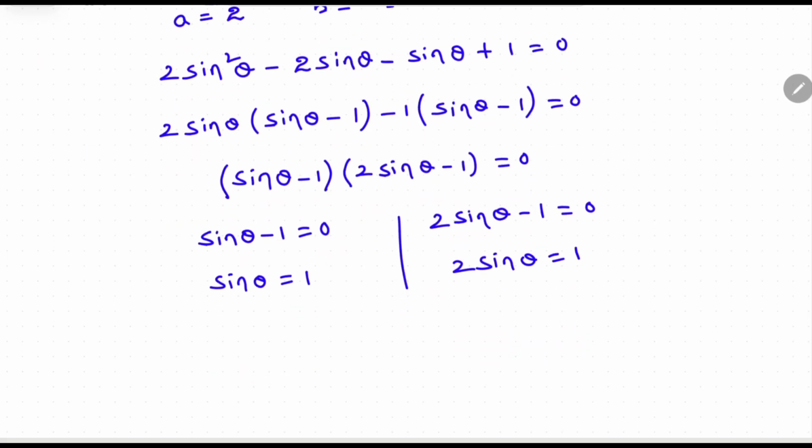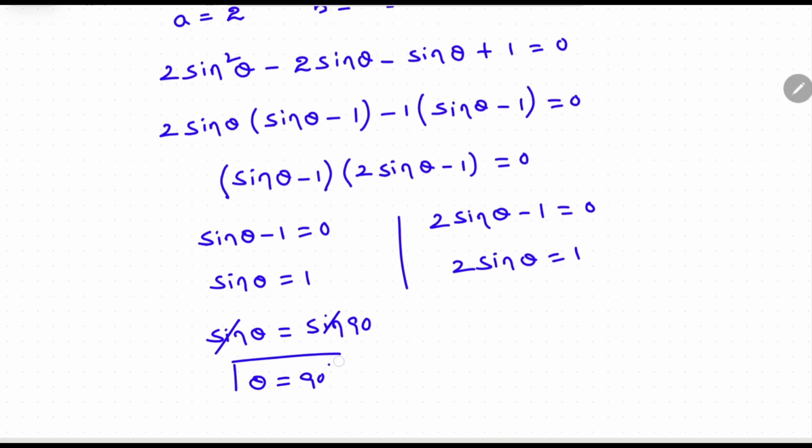Here we have to find the theta value now. For sin theta equals 1, we can write 1 as sin 90 degrees. Therefore sin gets cancelled, and theta will be equal to 90 degrees.